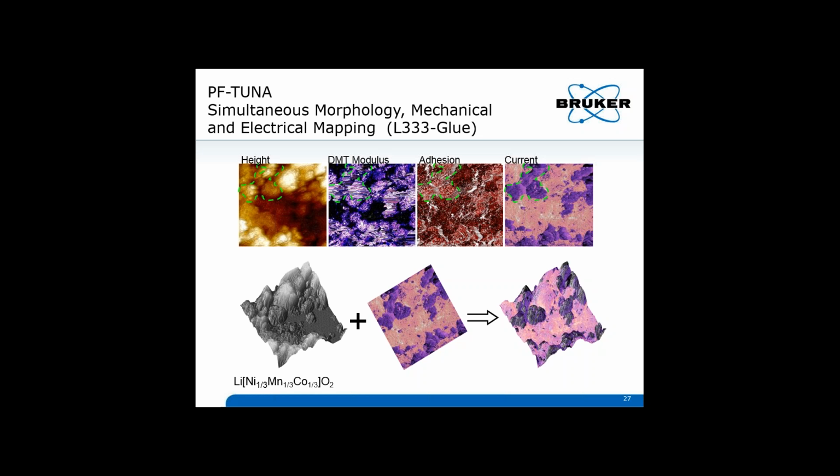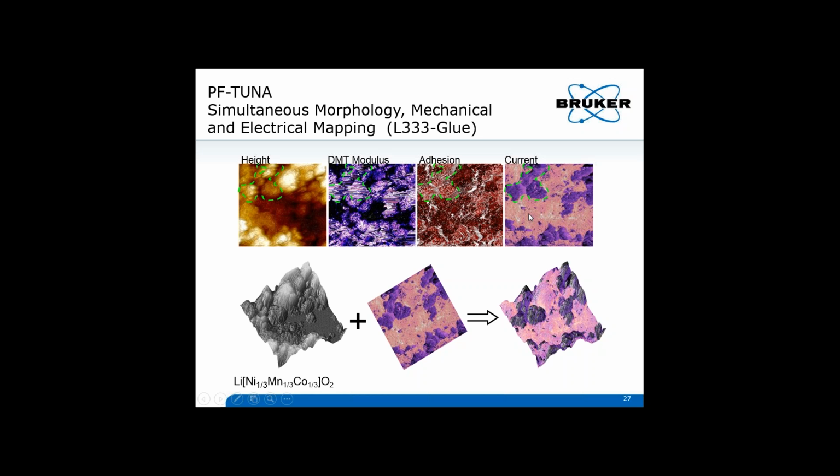In the L333, we also used PVDF, which is a binder polymer, to bind the conductive additive polymer, which is AB, binding all the conductive additive together to improve the conductivity. From the height image, you can see clearly that there is an L333 particle, but in the current image here, you cannot actually see the conductivity.